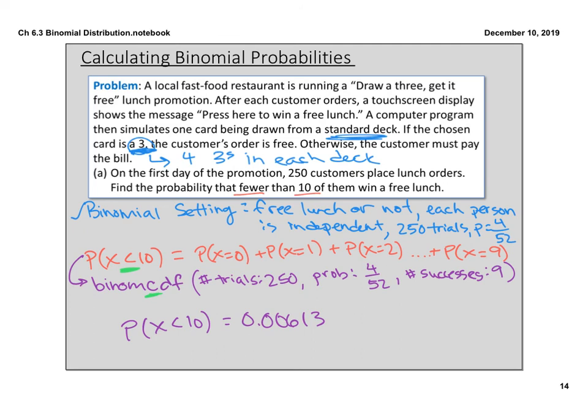So on the first day of the promotion, 250 customers place lunch orders. Find the probability that fewer than 10 of them win a free lunch.